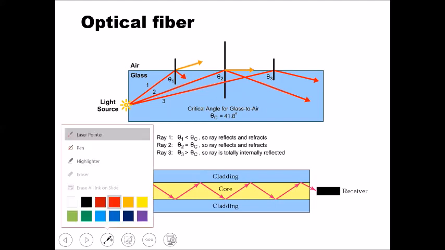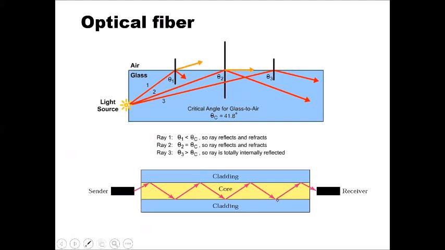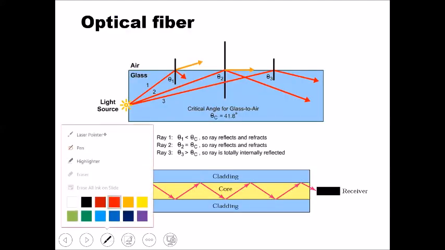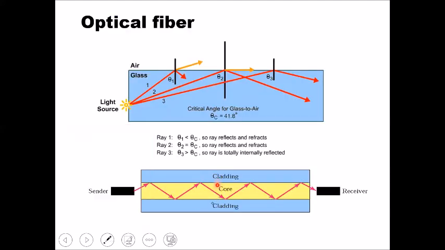So you basically have a glass core. This yellow region over here, this is the core. This core is made of glass material, right? And the core is surrounded by the cladding, this blue region over here.